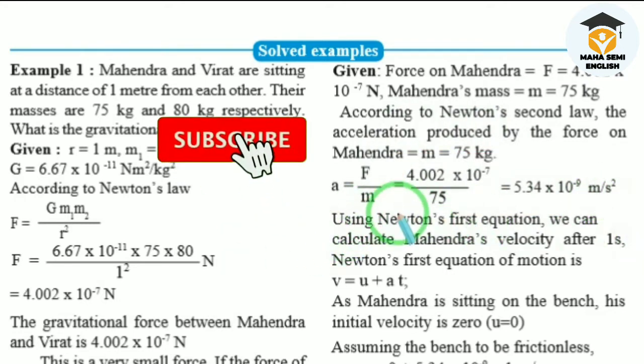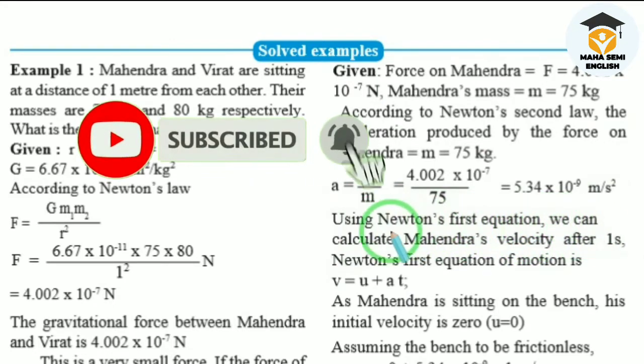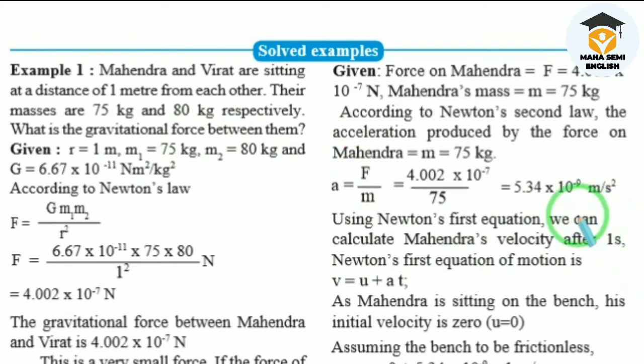So using Newton's first equation, we can calculate Mahendra's velocity after 1 second. Newton's first equation of motion is v is equal to u plus a into t.